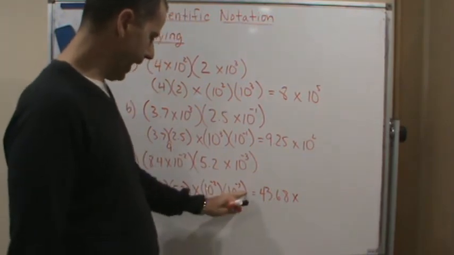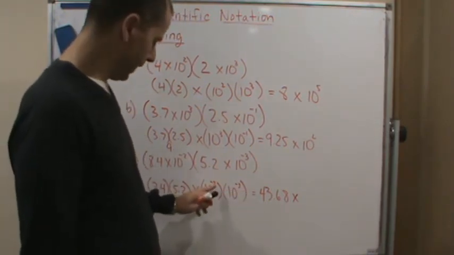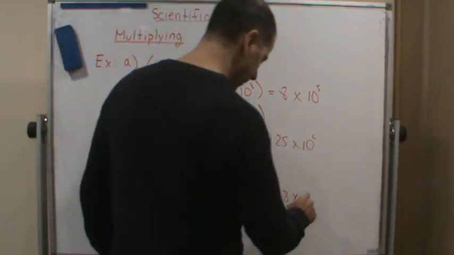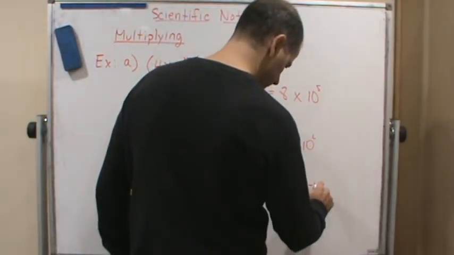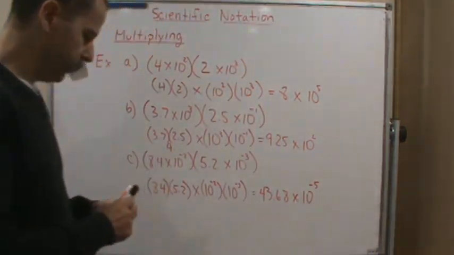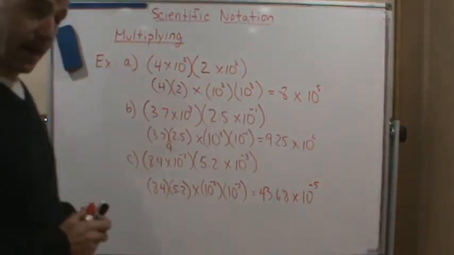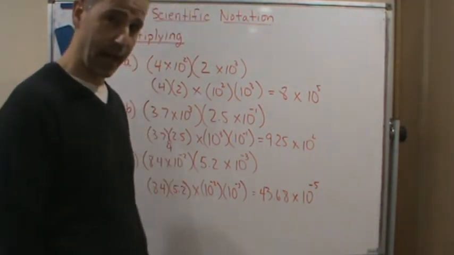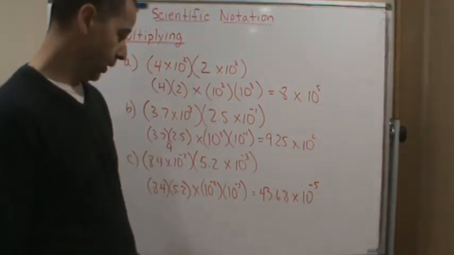So again, I'm going to add the exponents, but now I've got negative 2 plus a negative 3, which gives me a negative 5. Okay? Now, in this case, I'm not done because this number is definitely not between 1 and 10.